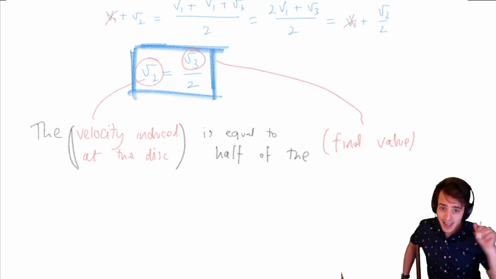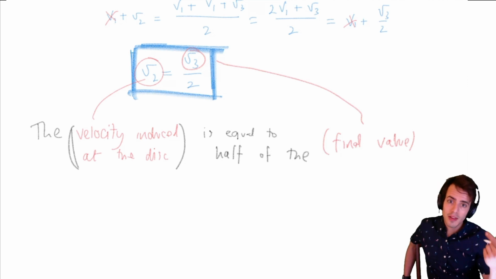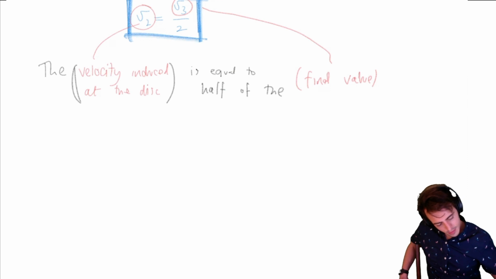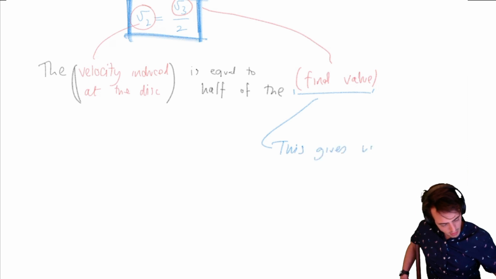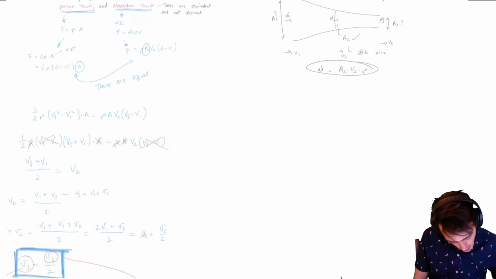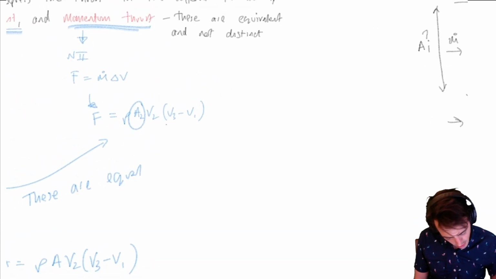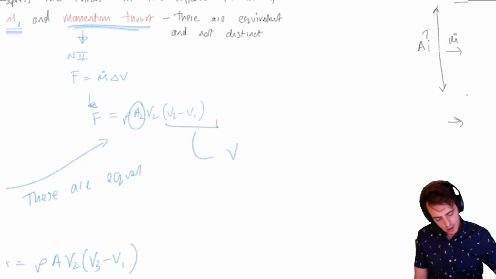Now, importantly, it's the final value that gives us the amount of thrust produced. Because if we look at our expression for the momentum thrust, we've got V3 minus V1.